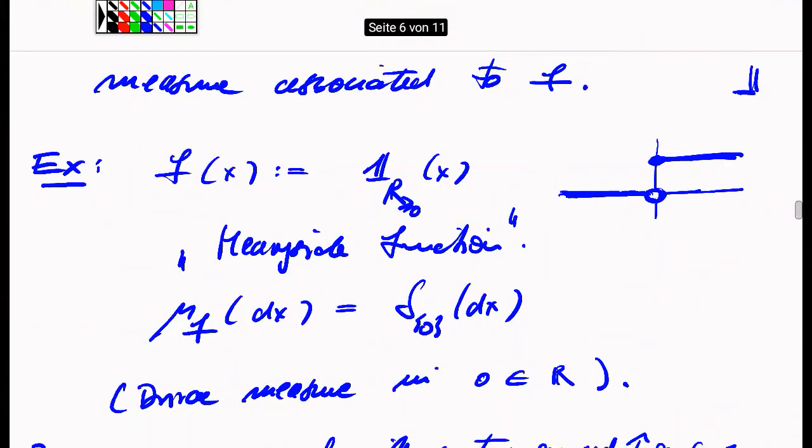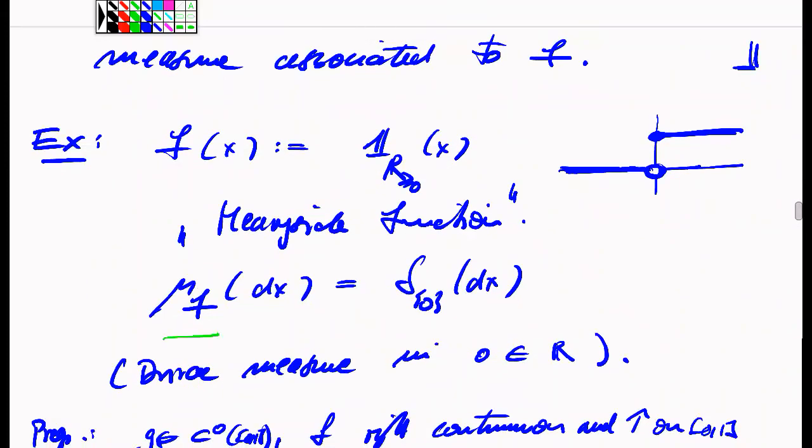Okay, the example that you have to have in mind, as one of the most extreme examples where this is still applicable, is the case when you consider the Heaviside function. It's just the indicator function of the closed positive half line on the Euclidean line. So here's the graph of the indicator function. That's a right continuous function.